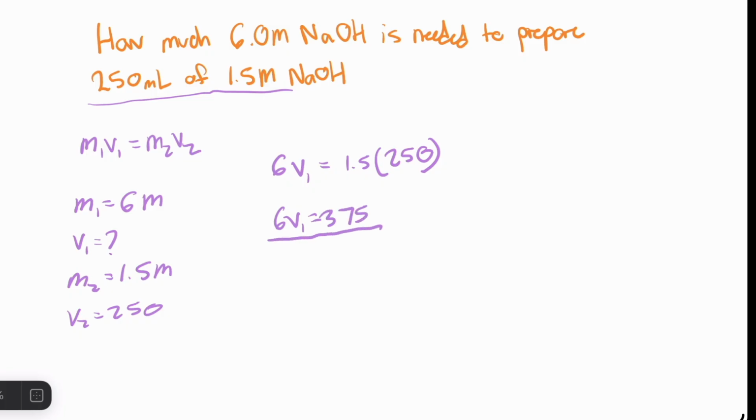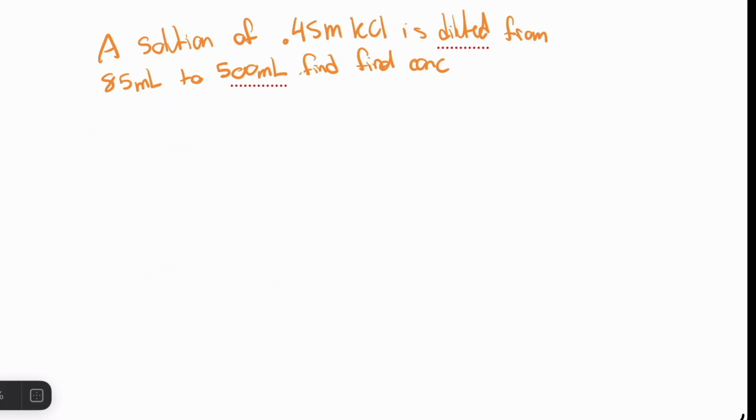We can divide both sides by 6 and get V1 as 62.5. Now, what unit are we going to give it? We have 250 milliliters, and that's what we have for our V2. So our V1 is going to be 62.5 milliliters as well. Let's look at one more example.